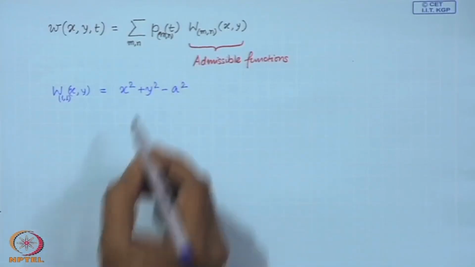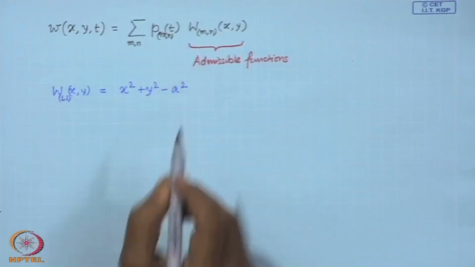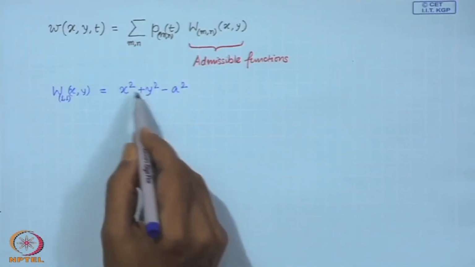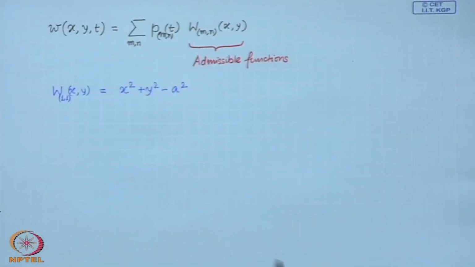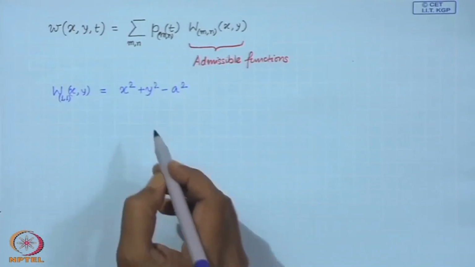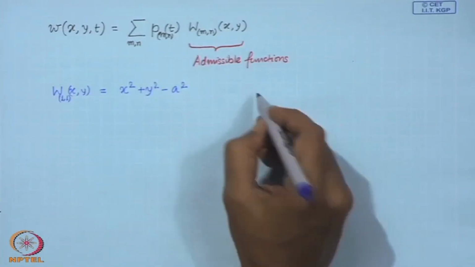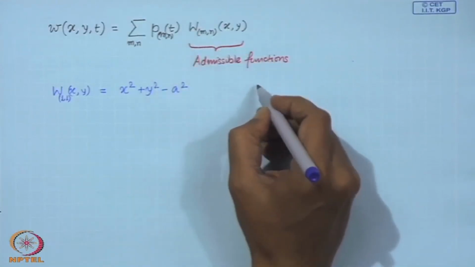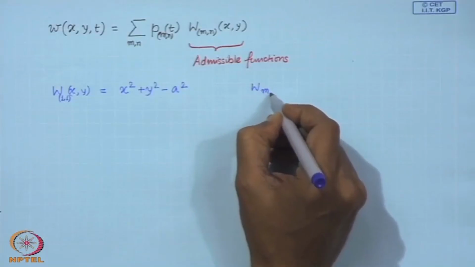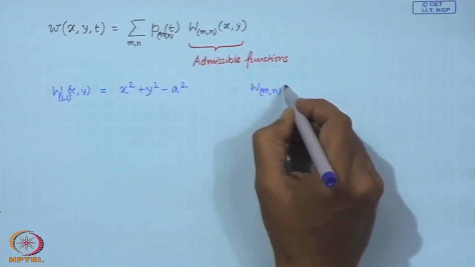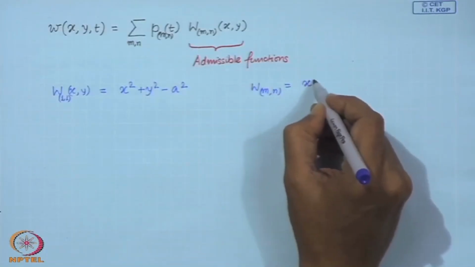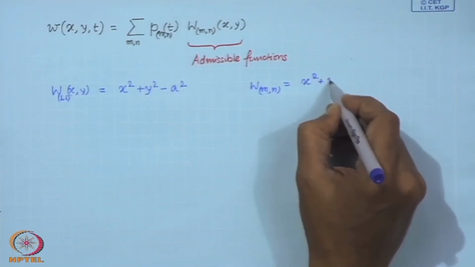Suppose you choose W11, the first term in this expansion, as this. You can see that on this boundary this is going to vanish. Then I can generate the expansions here as products of this function and other monomials.